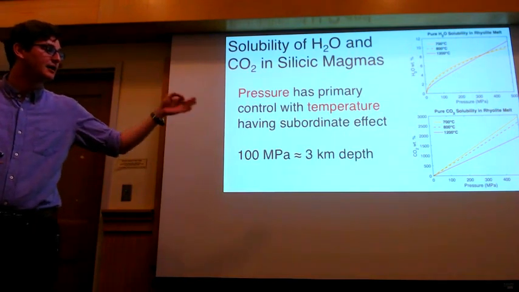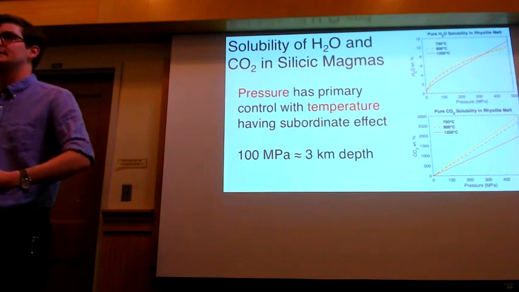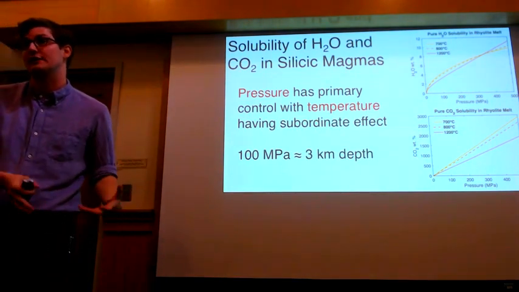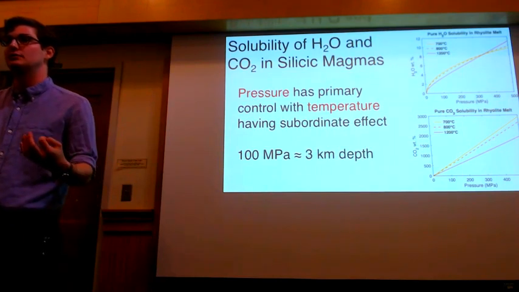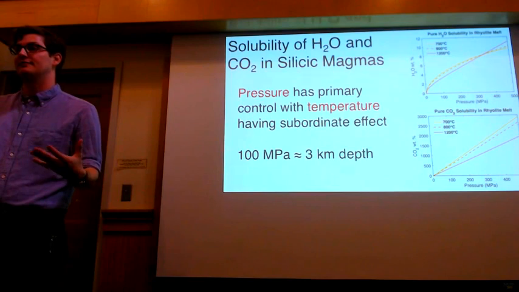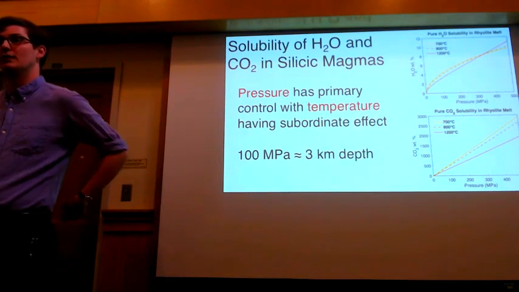But then we run into more problems with bubble formation. So it's balancing equilibration time with the amount you're actually saturating your melt to try to be fully equilibrated, but also to be able to have enough change in saturation, enough supersaturation, to form bubbles homogeneously.